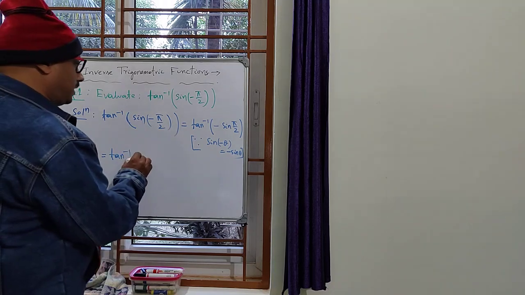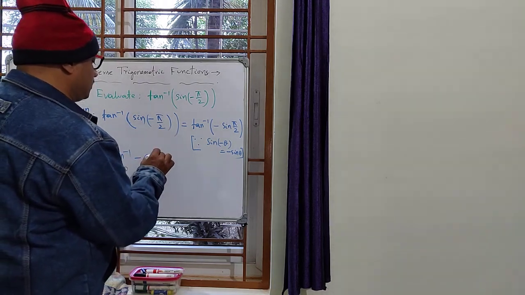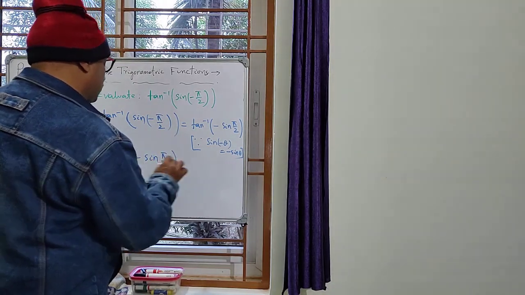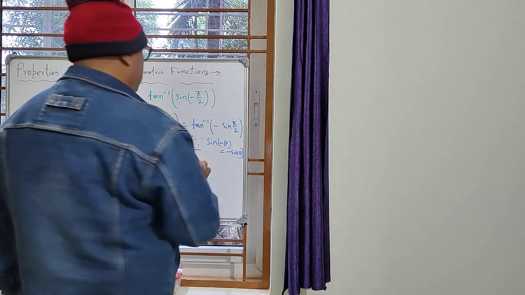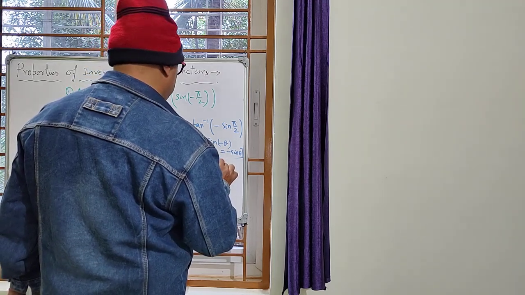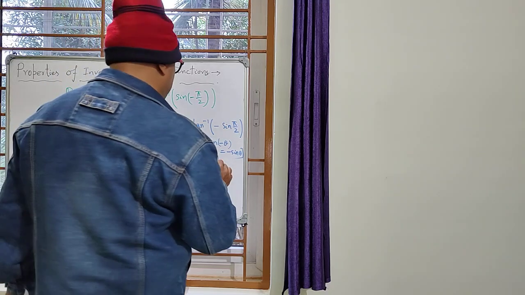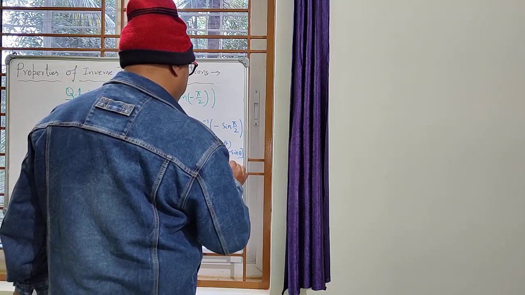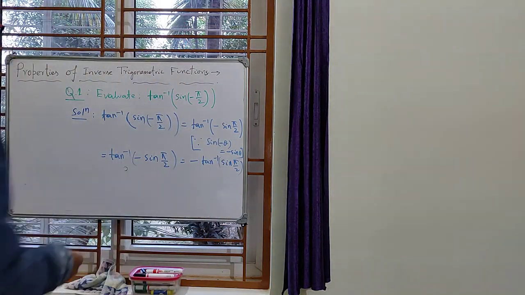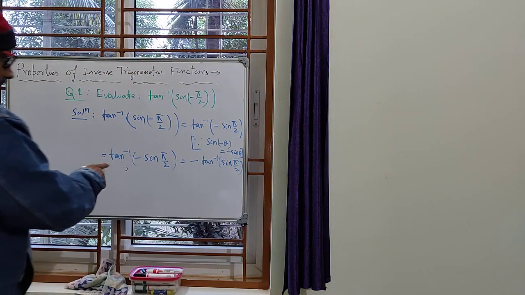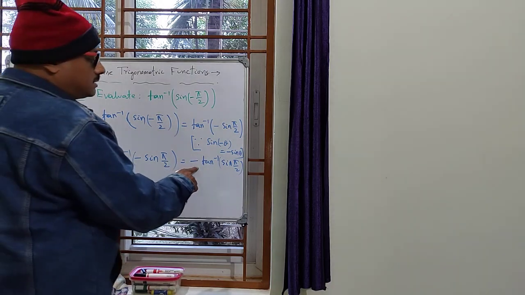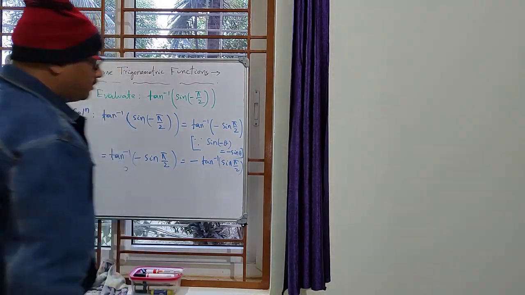So tan inverse minus sine pi by 2 equals to minus tan inverse sine pi by 2.